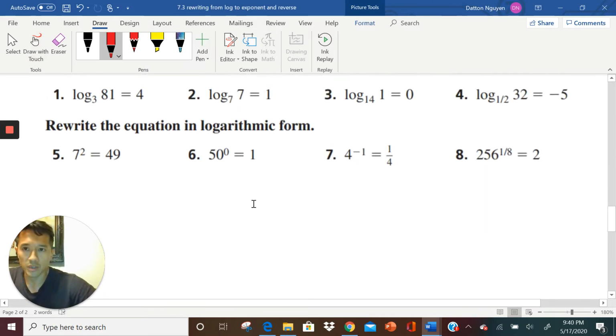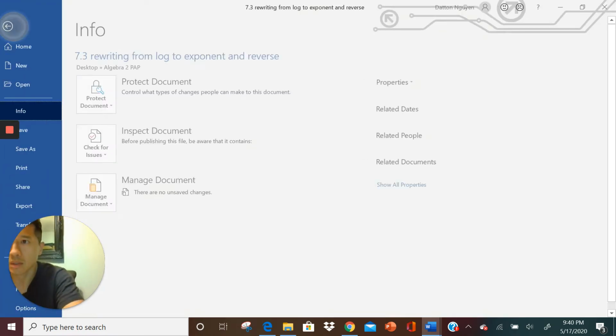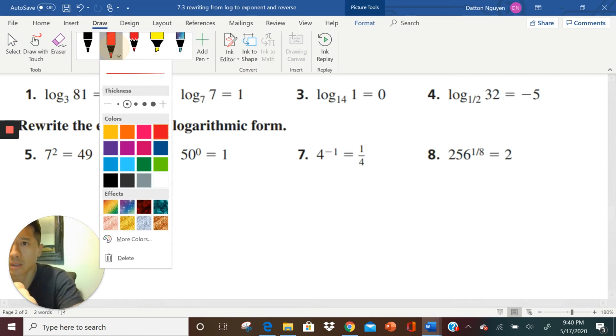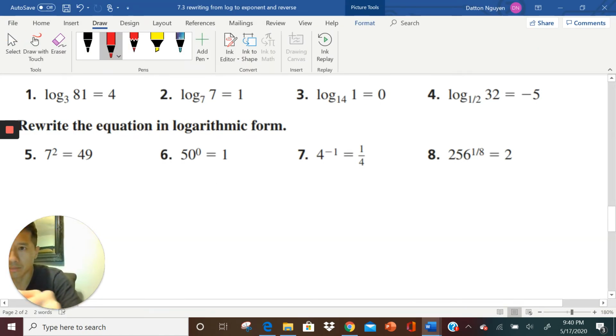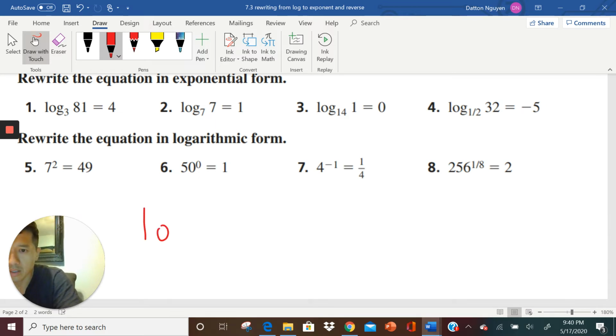So let's just start off with number 1. I have log base 3 of 81 equal to 4.